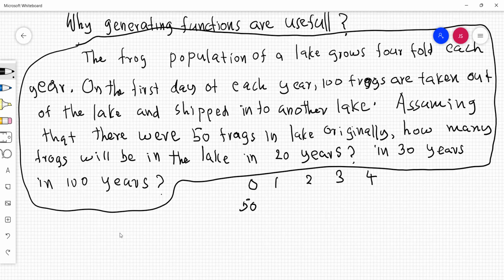That's hundreds, 100, yes. And at the end of the second year? 300.